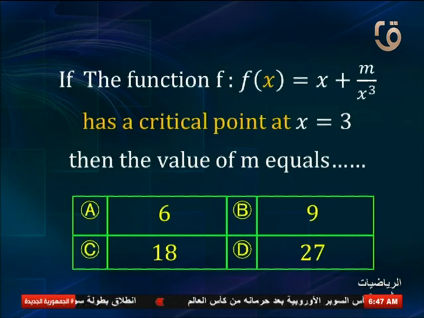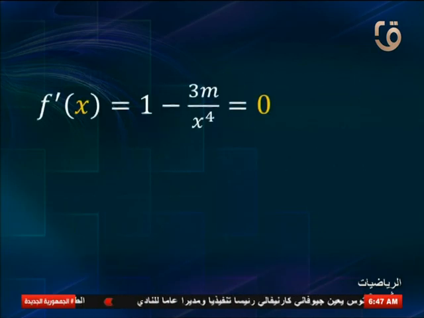Equals 1 − 3m/x⁴. After that, substitute x = 3 to find the value of m. In this case, m must be equal to 27. But look at the solution step. f'(x) = 1 − 3m/x⁴ equals 0.